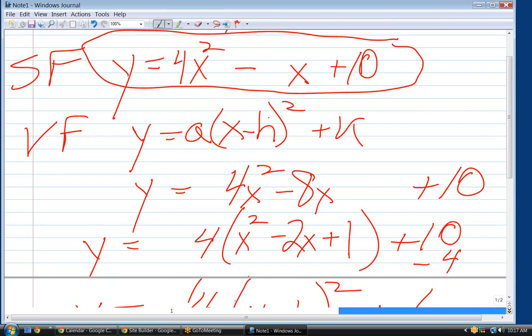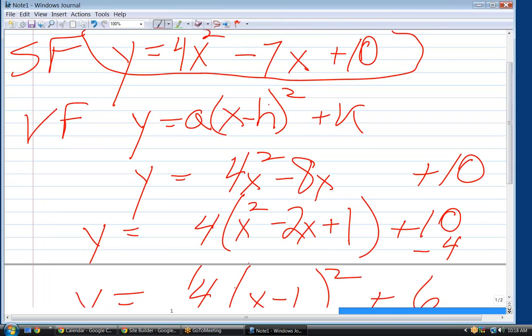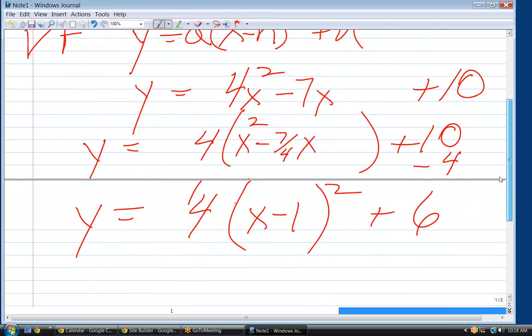And these do not have to be whole numbers. I could have made that a 7. Okay, what happens? Well, now when I factor out a 4, I don't have 2 here. I have minus 7/4, right? In other words, fractions don't change anything. You still do exactly the same thing.